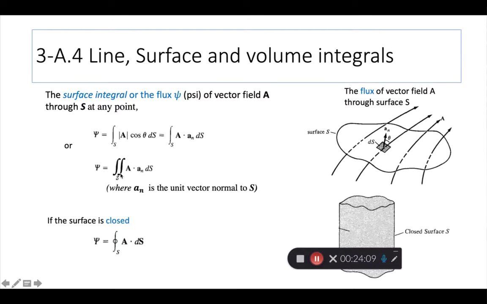So I hope you guys are not scared of double integrals. I'm sure you have done it in the past, but to calculate the flux or the surface integral, we're going to have to do a double integral.